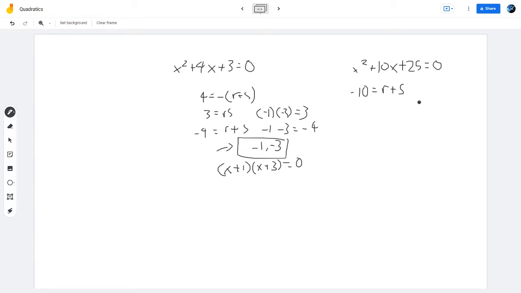Remember, we're just multiplying both sides by negative 1. Nothing too confusing here. And 25 equals r times s. And if you're familiar with perfect squares, it should be very apparent that r is equal to negative 5 and s is also equal to negative 5. So, sorry, my s kind of looks like 5 there. 5 is most definitely not equal to negative 5, that is for sure. Okay, wow, these really look like 5s, don't they?